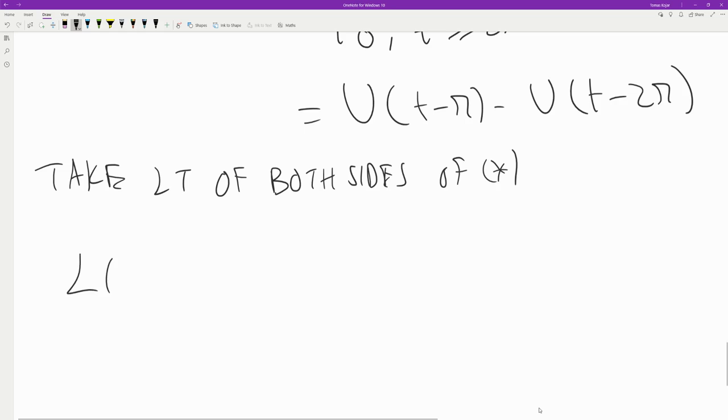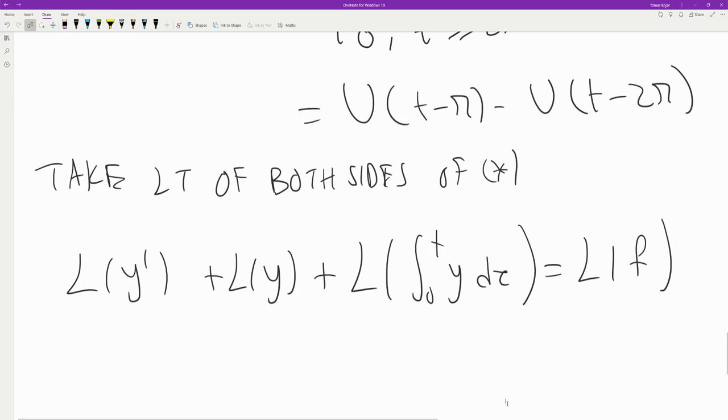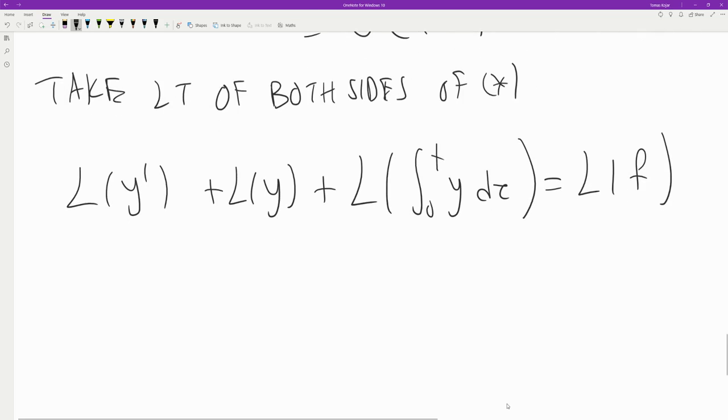So we have L of y prime, L of y, L of the integral, and L of f. You have already seen this. This is nothing else but s L(y) minus y(0).